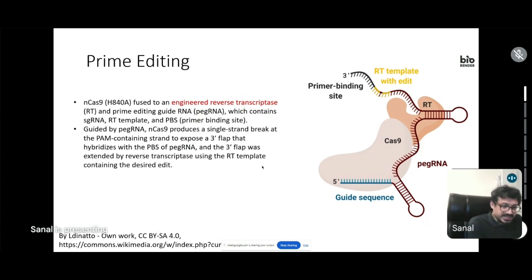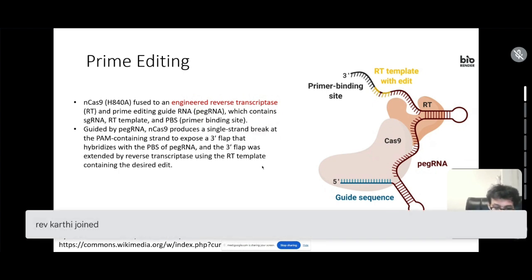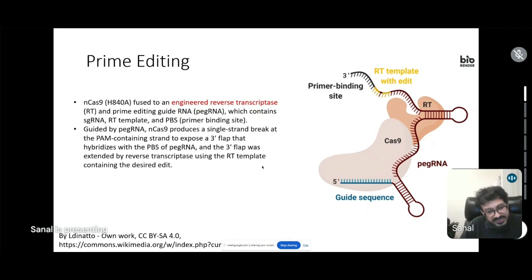If you had to repair a gene or a mutation, then you should have the right DNA, right? You had to provide the right template for the repair. So usually what we do is transfect or transduce, along with the CRISPR-Cas system, the template DNA also.